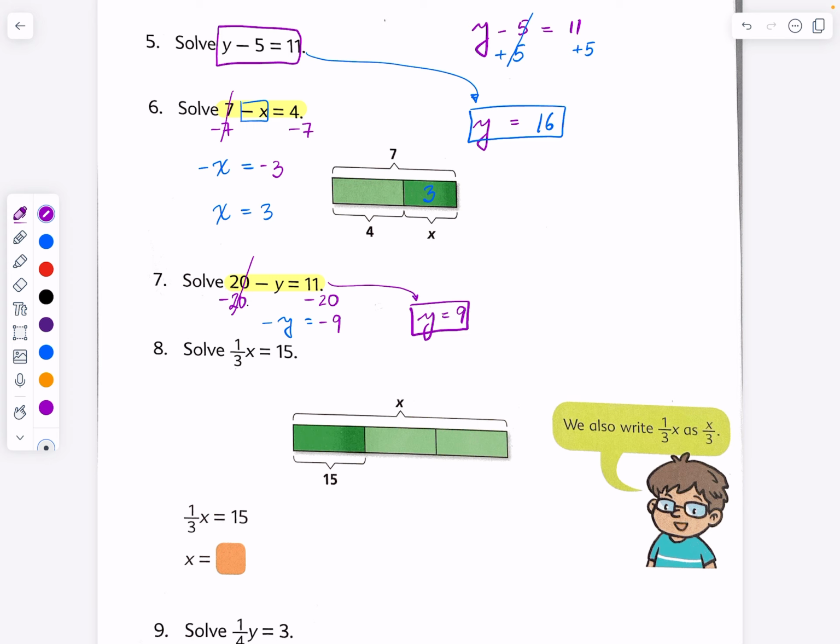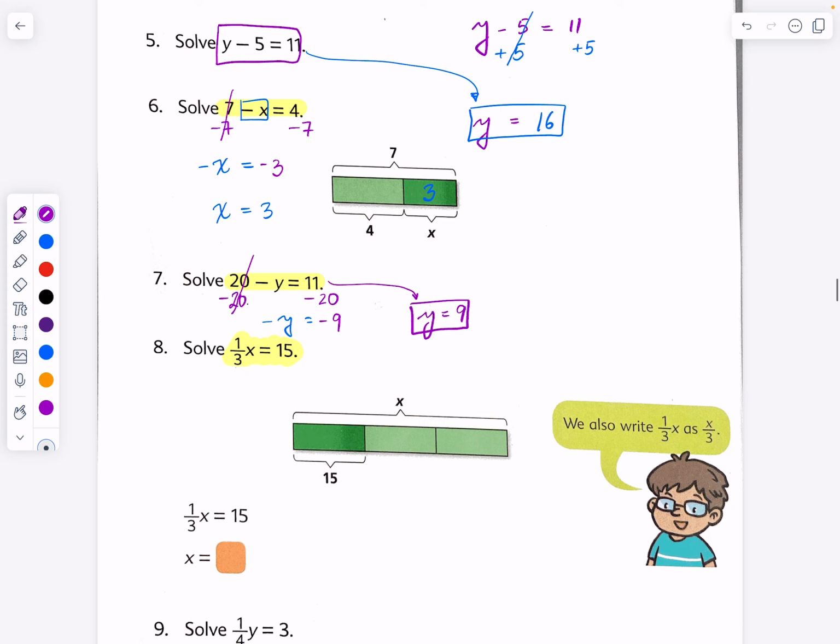Now, let's take a look at the next equation. Number 8. 1/3 of x equals 15. I hope you remember that 1/3 of x can be rewritten as x divided by 3. We can think of it like that, equals 15.